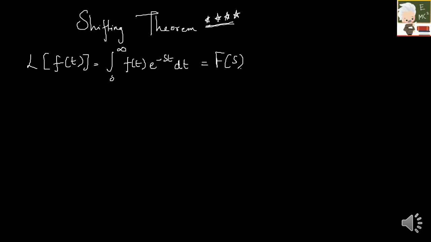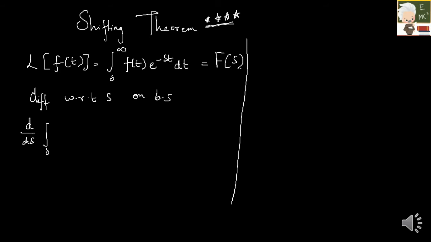Now what I am going to do is differentiate with respect to s on both sides. So d by ds of the integral from 0 to infinity of f of t into e raised to minus st dt is equal to d by ds of F of s.